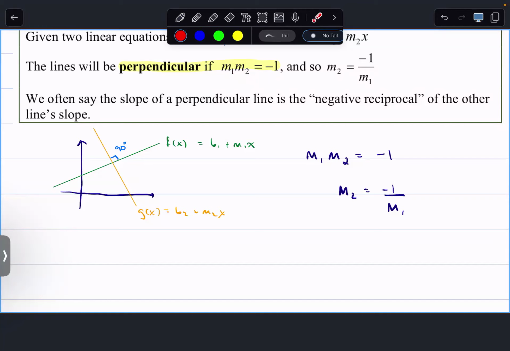But really, how's this going to work, right? Find the equation of the first line, let's say this green line, and then find the equation of a line that's perpendicular to it. Which means you have to find the slope using the first line. M2 is -1 over M1 of the first slope that you found, right?